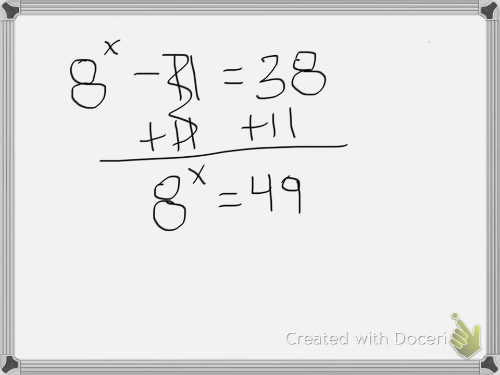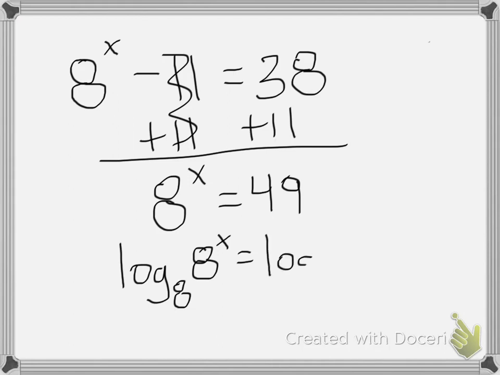So if you do what you were probably taught in your pre-calculus or your integrated 3 or algebra 2 classes, you were probably taught to take the log with the base of whatever your base is. Since we are base 8, you were probably told to do this. And whatever you do to one side, you got to do to the other.